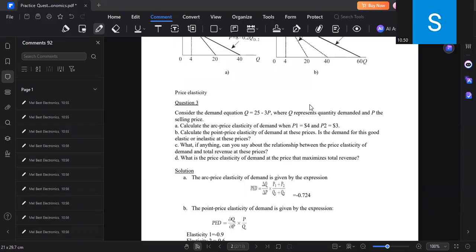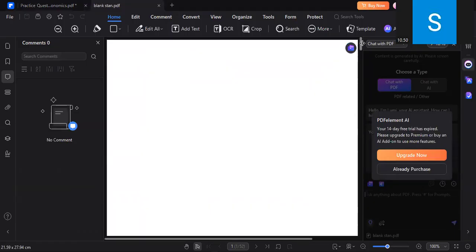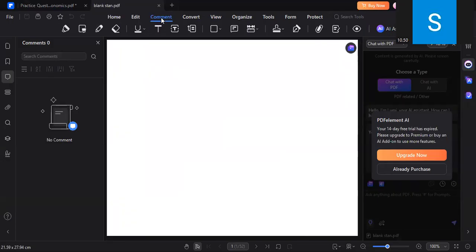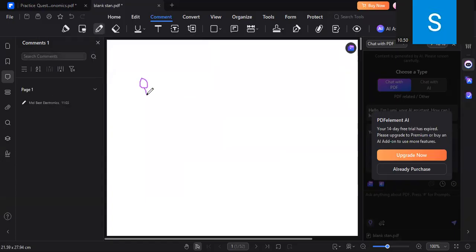So elasticity measures how you and I react when there are changes in prices. So the formula for elasticity of demand, given that Q is equal to A minus BP, which is the demand function.